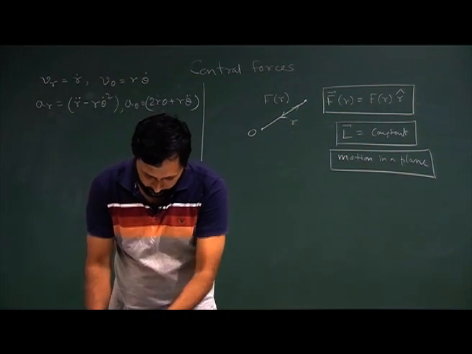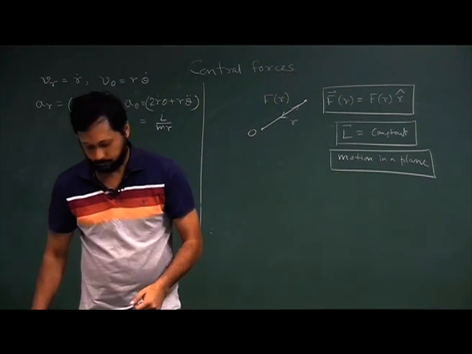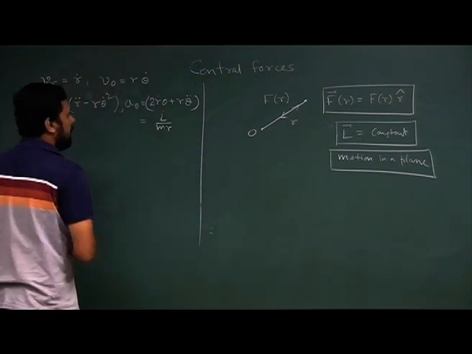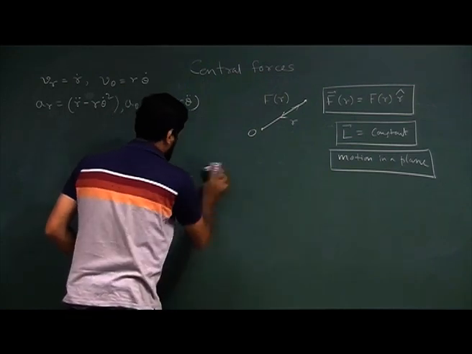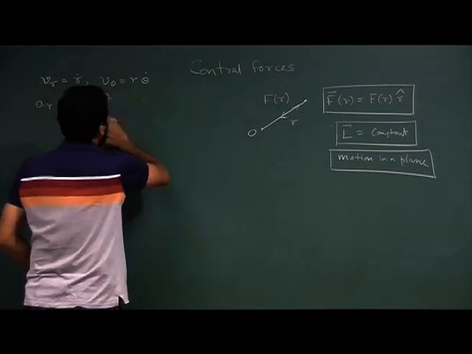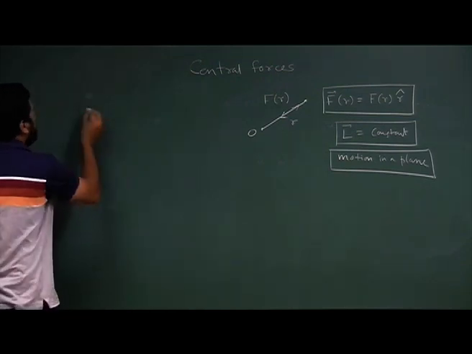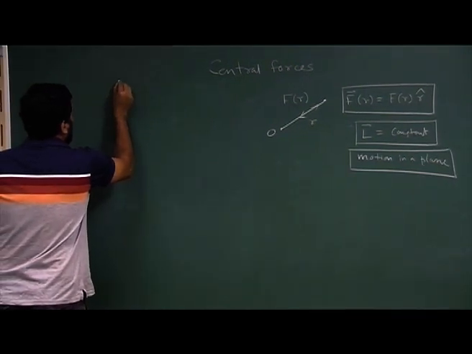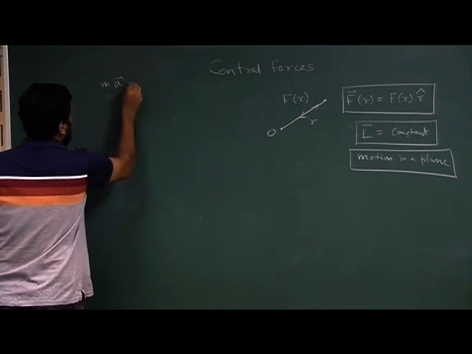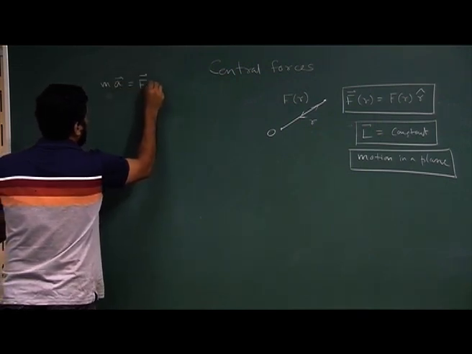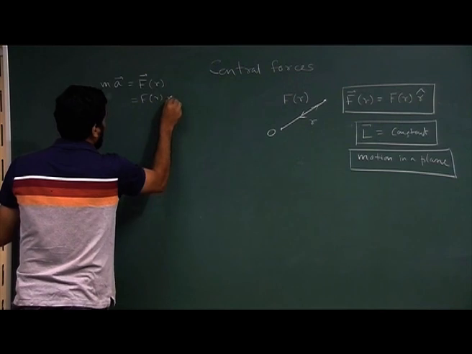Now, let us try to look at the equation of motion. But before that, we also need to prove another very important aspect. Okay, let's first do the equation of motion, then we will come back to this. The equation of motion is m a equal to f(r), which is f(r) r cap.